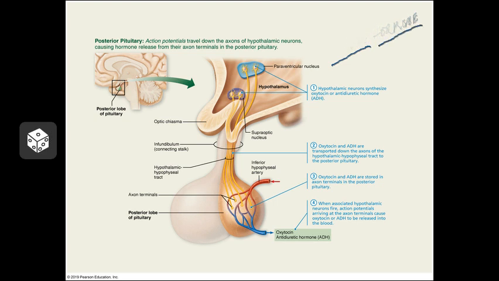These neurohormones diffuse down the axons, and from there in the posterior pituitary, they diffuse out of the axon terminals and into the bloodstream. And once they get into the bloodstream, then they are carried out to the rest of the body, and they go to the entire body, but will only bind to receptors on their target organs or cells.